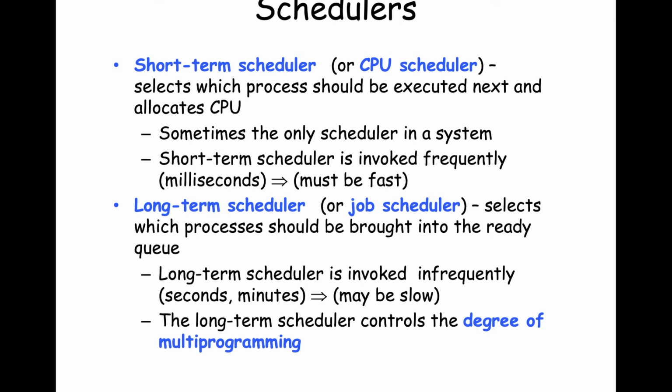The higher the degree of multi-programming, the more processes are available on the ready queue and therefore sharing the CPU. This long-term scheduler is not invoked very frequently because it can decide out of the 100 processes that I have, only 30, maybe 40, maybe 20, maybe 10 are going to actually contend, i.e. share the CPU.